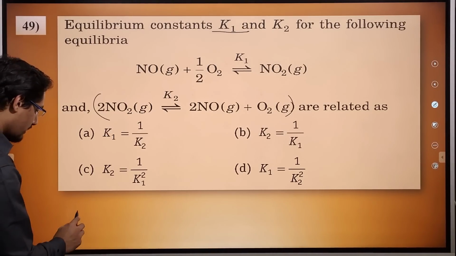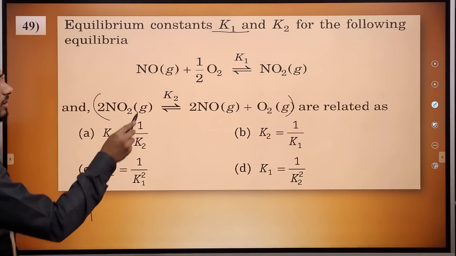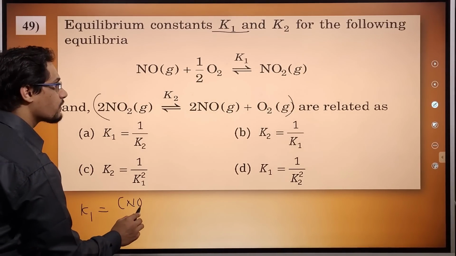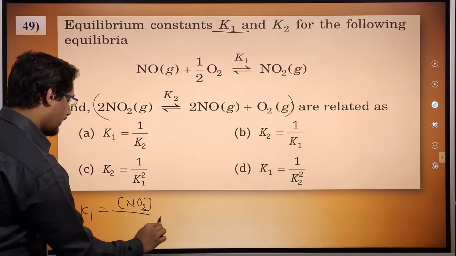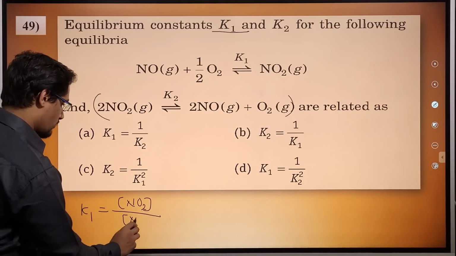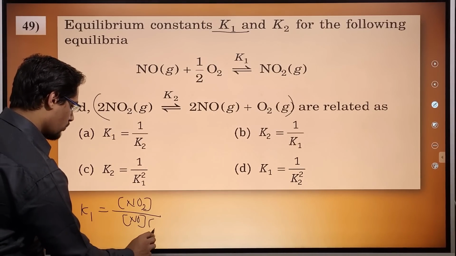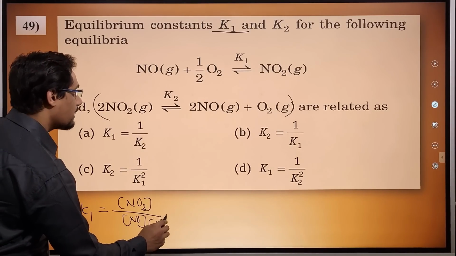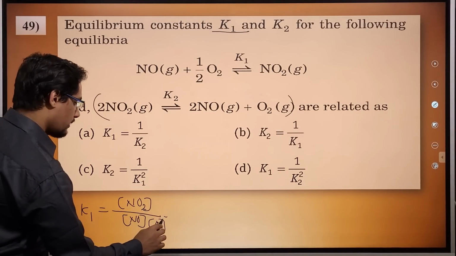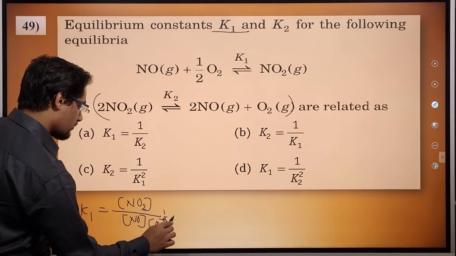So K1 for the first step is what? Products, NO2, divided by NO into O2 to the power half, right?